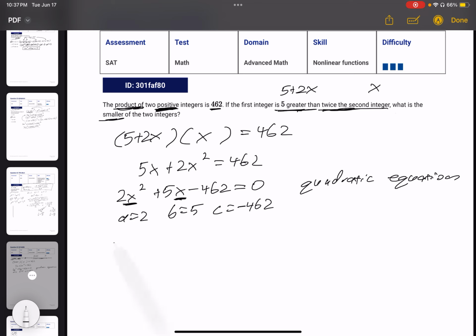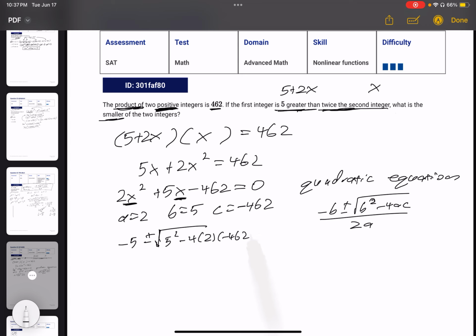So I'm going to write the equation again. Negative b plus or minus square root of b squared minus 4ac over 2a. So plugging that in here, we have negative 5 plus or minus the square root of 5 squared minus 4ac over 2 times 2. Get a calculator out now.